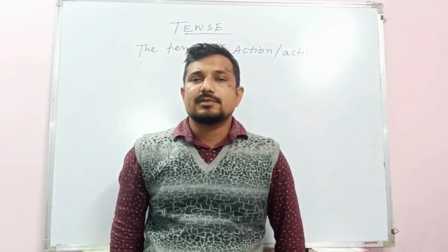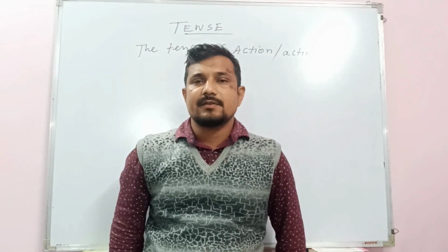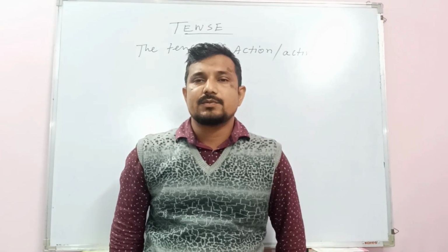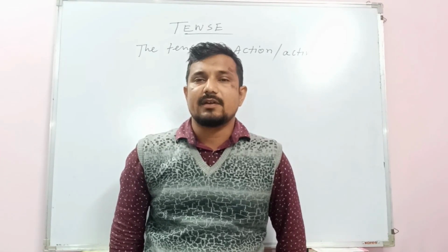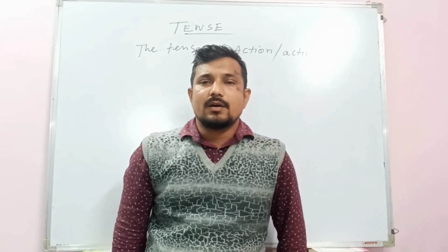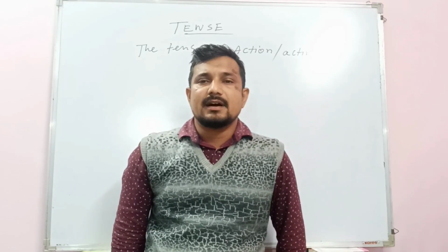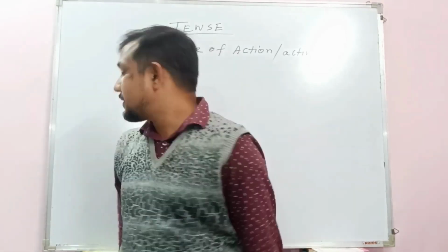Past is also divided into four categories: past indefinite, past continuous, past perfect and past perfect continuous. Similarly, future tense is also divided into four categories: future indefinite, future continuous, future perfect and future perfect continuous. Now, today we will discuss the present tense.